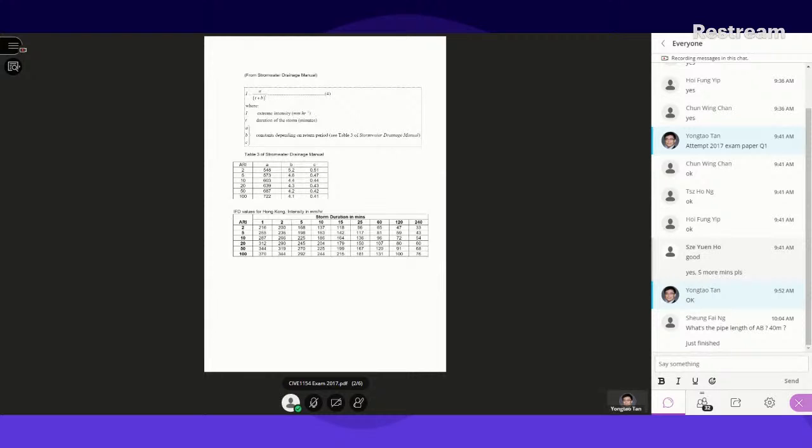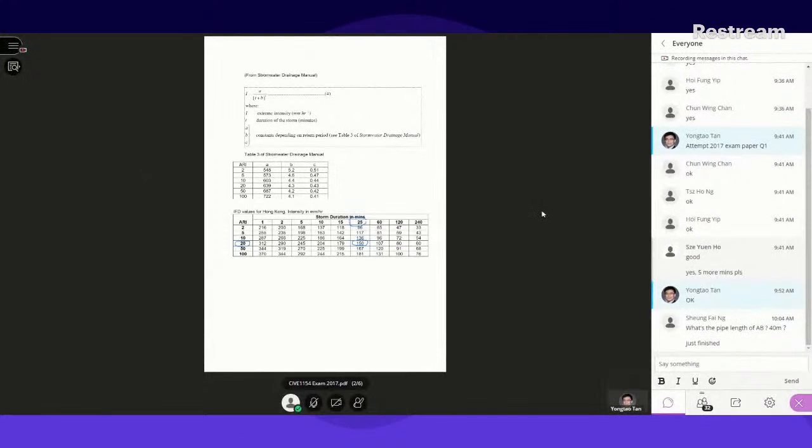For the parkland, the time of concentration is 25 minutes, and the ARI is 20 years. So you can easily find the rainfall intensity, 150.